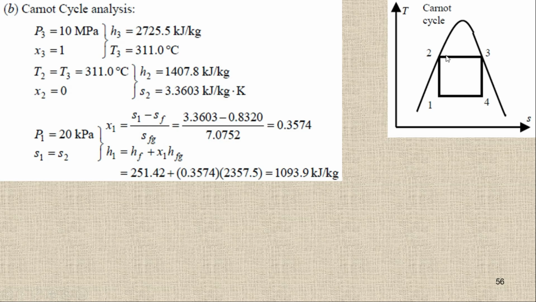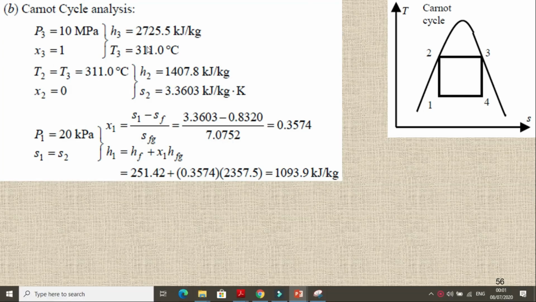Here, as we know that the temperature remains constant during this process, we can get the values from the table. We will get the H2 value, which is around 1407, based on the temperature of 311, which is the saturation temperature.